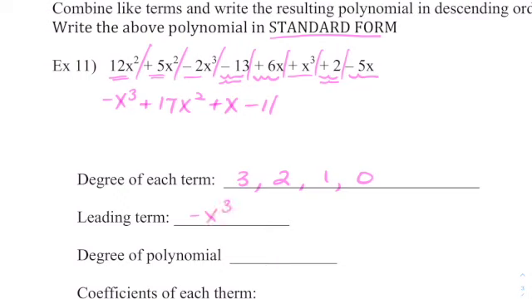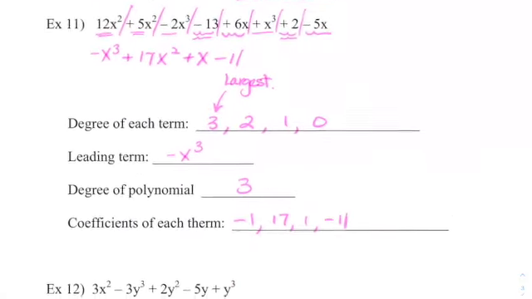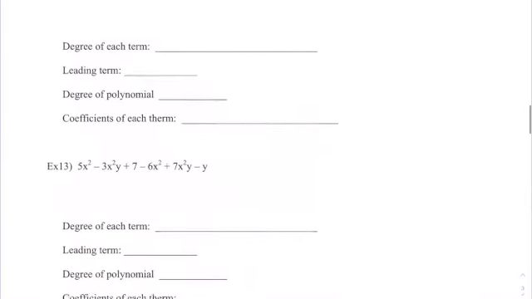And the degree of the polynomial is the third degree because that's the largest of all the terms together. So it's 3. The coefficients of each term in this case are -1, 17, 1, and -11. I showed you how to do 11. Please try 12 and 13 yourself, and then we'll come back and check on the answers.